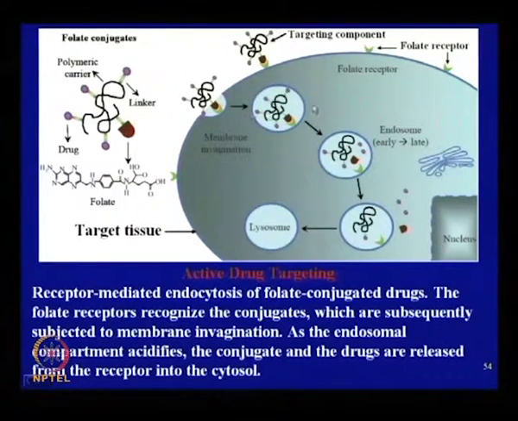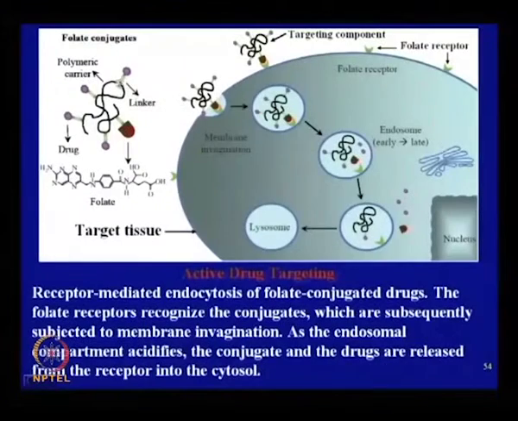So, when it circulates or moves inside, it will catch. That means the affected site must have the receptor of this folate. If there is a cancer cell, the cancer cell has this folate receptor, and it will catch.